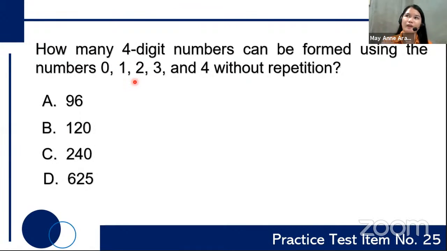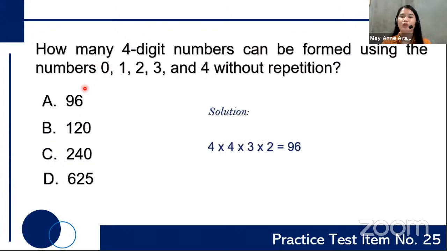Yung isang number, hindi pwedeng mag-start with 0. So, ilan lang yung magiging choices nyo for the first digit ng number. Kasi diba, pag 0 na, hindi na kinakount kapag andun siya sa unahan. So, how many options na lang for the first digit ng 4-digit number? You only have 4. Okay, exclude natin yung 0.